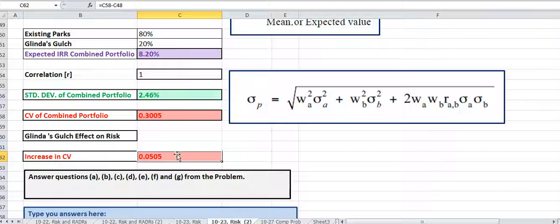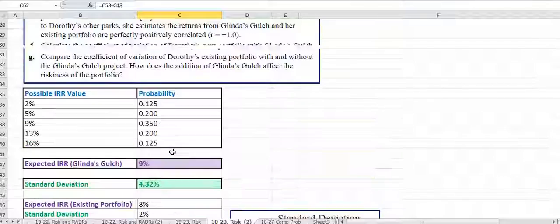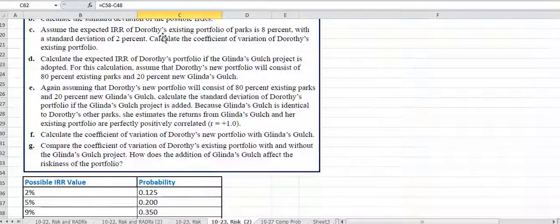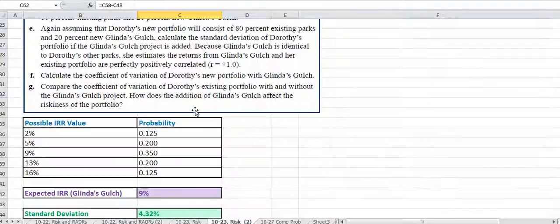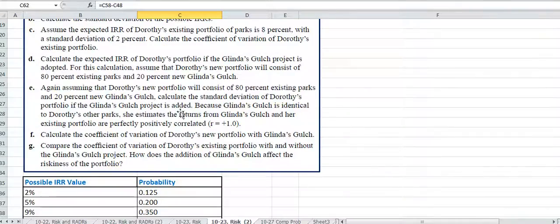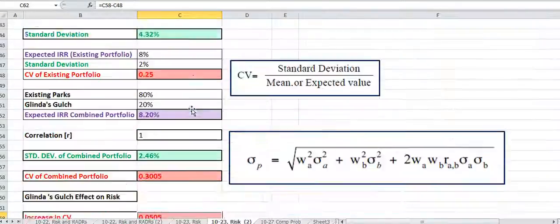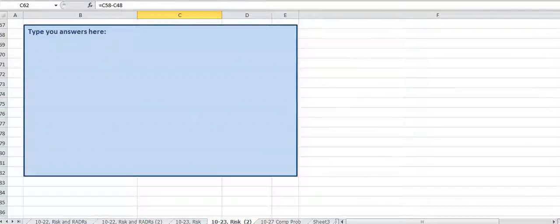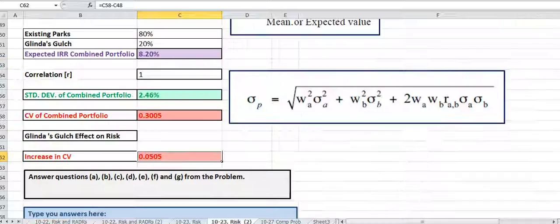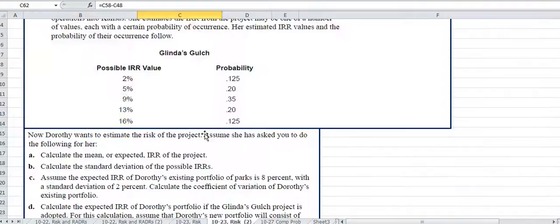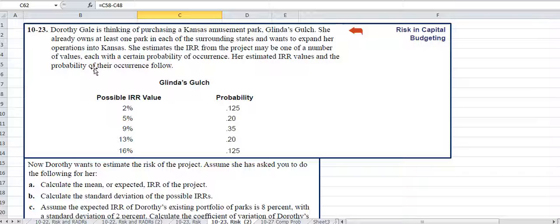Slightly, not a whole lot, but a little bit. So make sure that you answer all these questions well, you've got the answers here. You just need to write them in or type them in down here, and that will complete problem 1023.